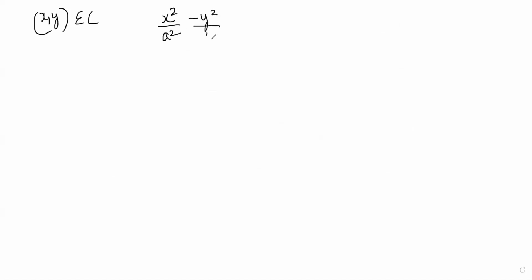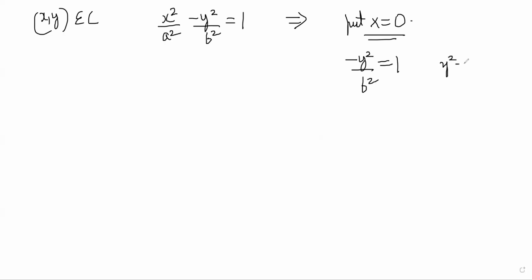Now, let's think about if (x, y) belongs to the curve and you have x²/a² - y²/b² = 1. Let's put x equal to 0 in this. You'll get -y²/b² = 1. So y² = -b². And that means that y is imaginary.